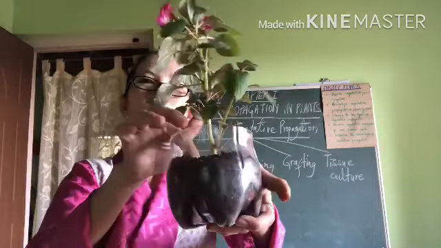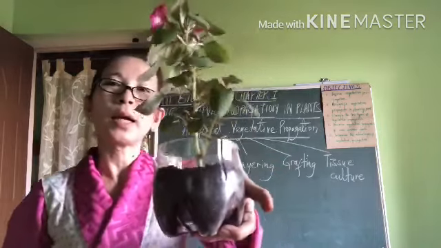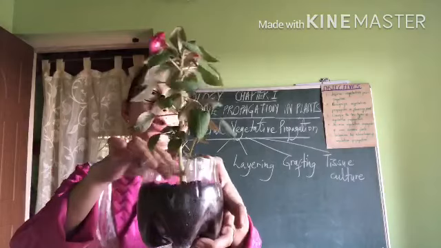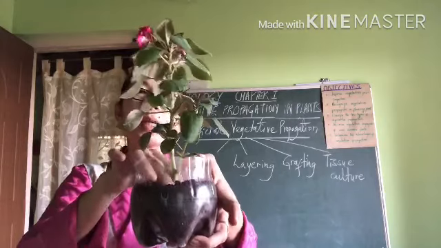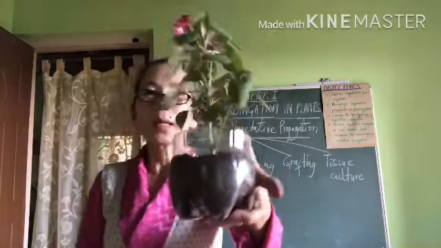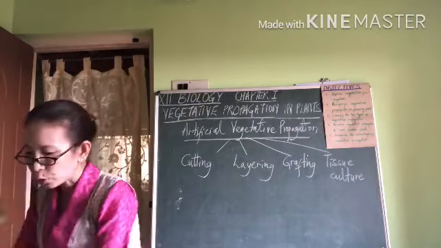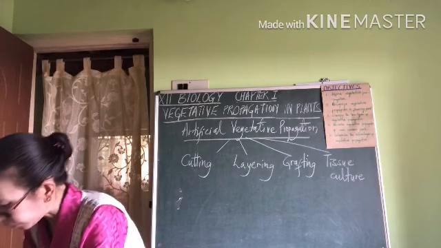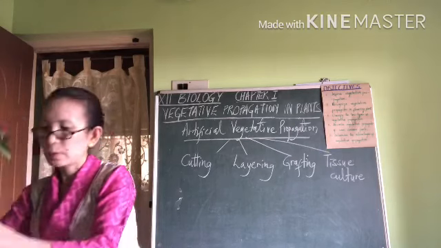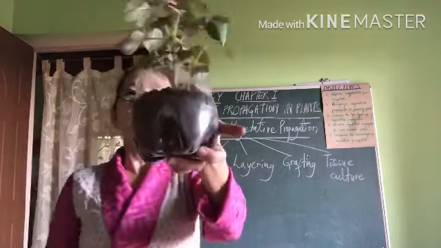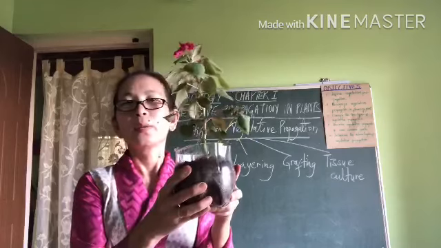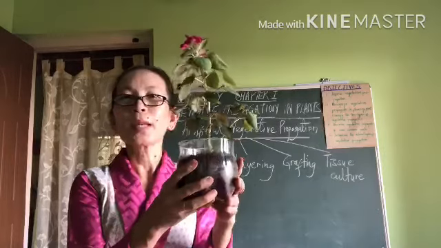I give a little gentle pressing so that I can place it and make sure that the plant is stable in the soil, right? And if required, you can also add some soil on top of the plant. So this is it. Isn't it very simple? Yes, as simple as this.